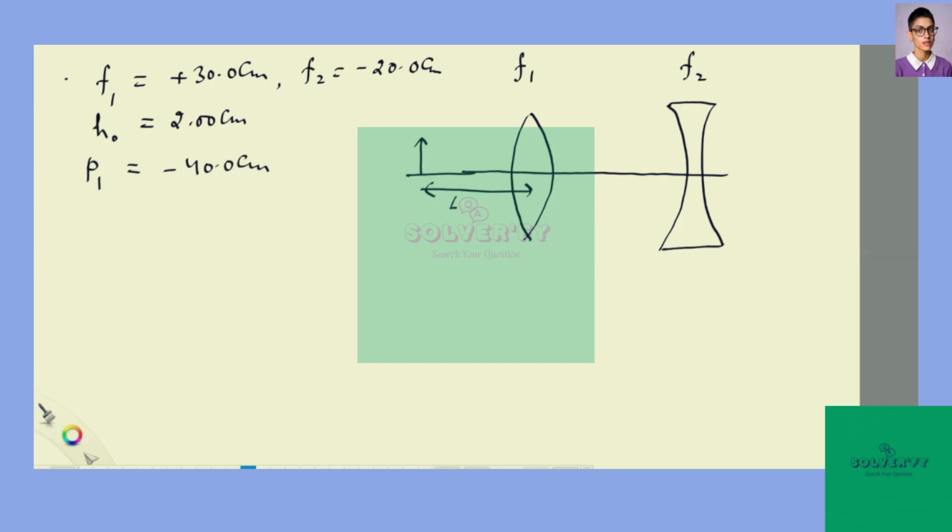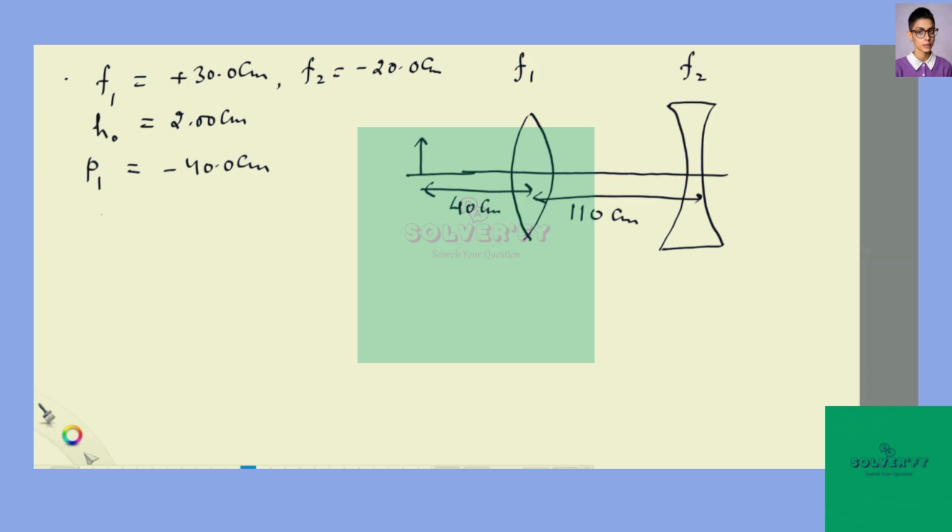The magnitude of this distance is 40 centimeter, and for sign convention we have taken the negative sign. Now we have to obtain the final position of the image formed by this combination. The gap between the two lenses has been given as 110 centimeter.